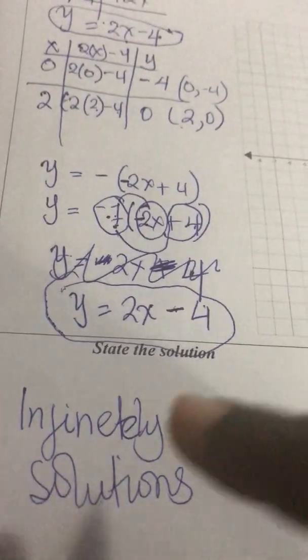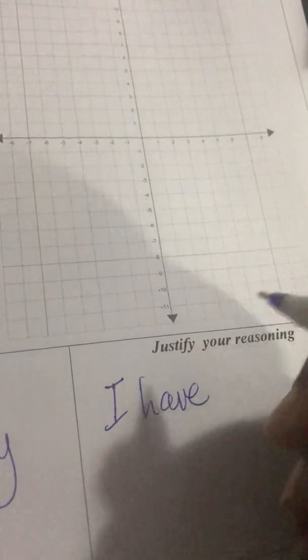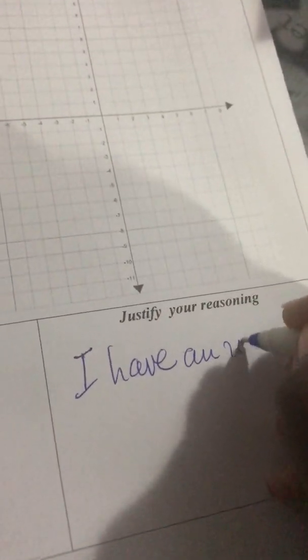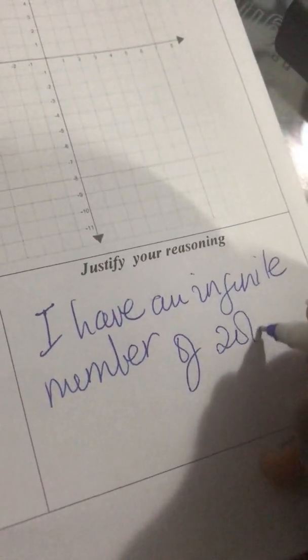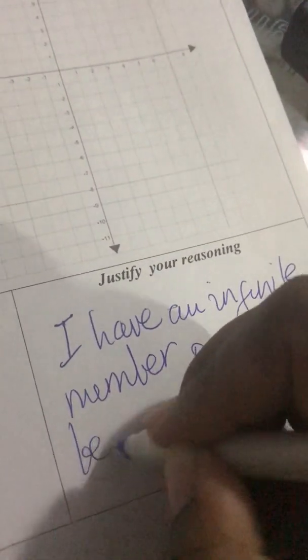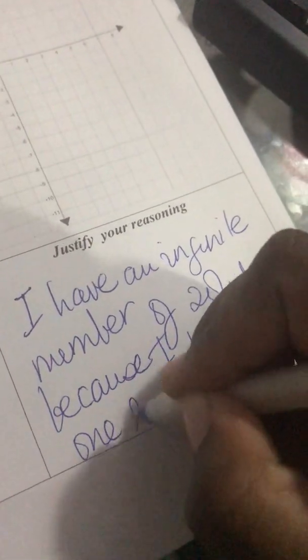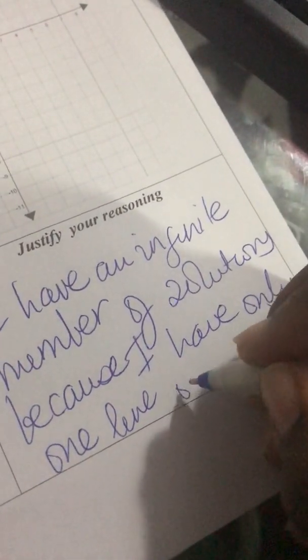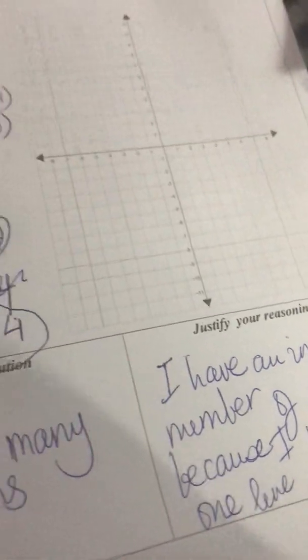Justify your reason: I have an infinite number of solutions because I have only one line on my graph. Okay?